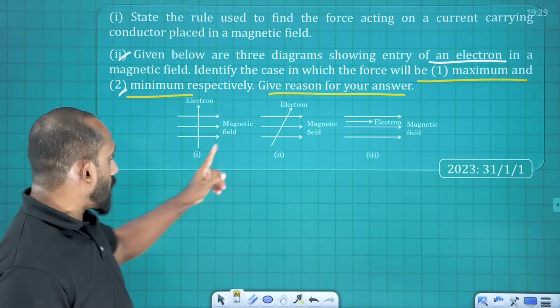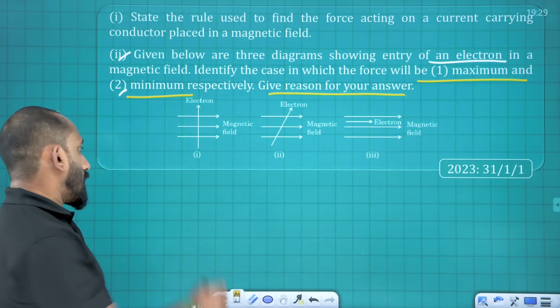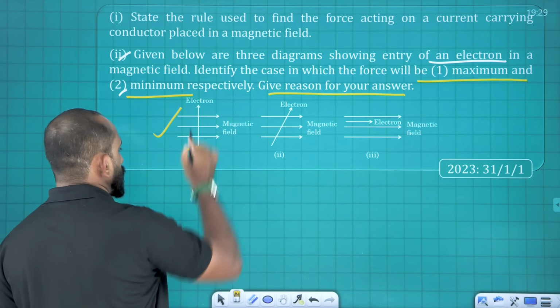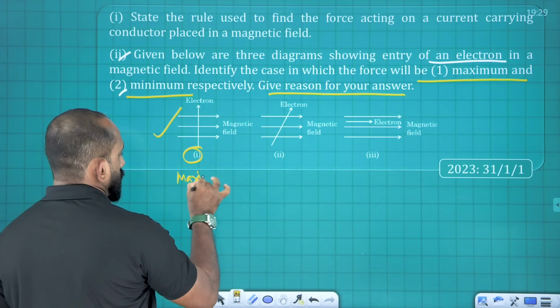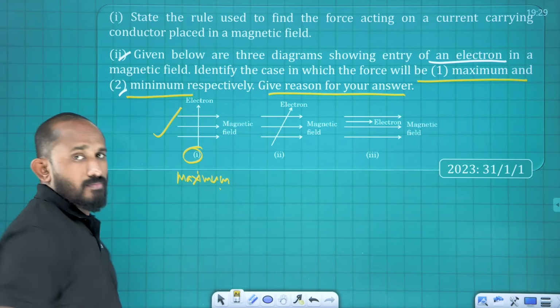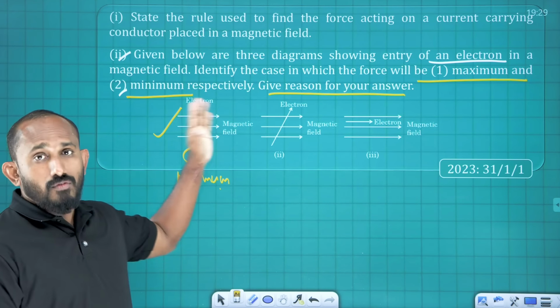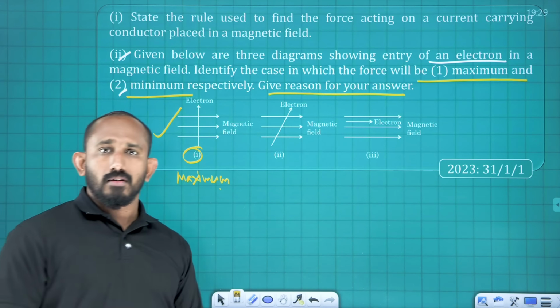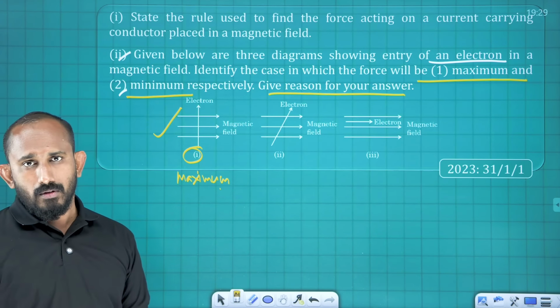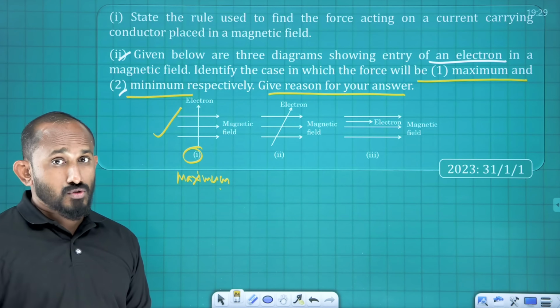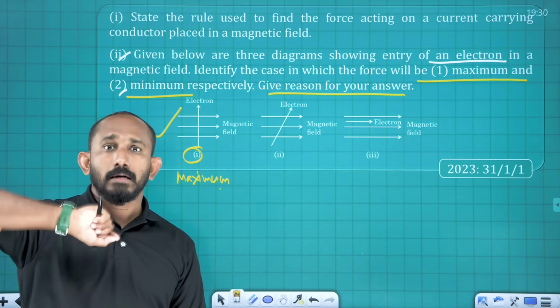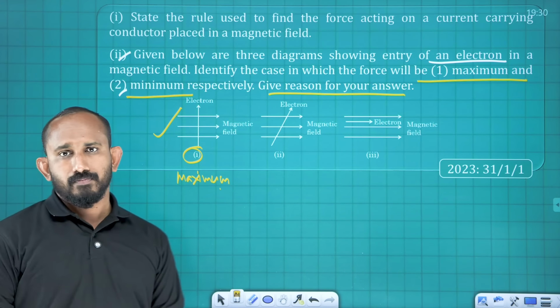So out of these 3 figures, where is perpendicular? Figure 1, so it is maximum. Why? Because the magnetic field produced by the electron will be perpendicular to the external magnetic field. Maximum force will be there. Velocity should be perpendicular to the magnetic field.